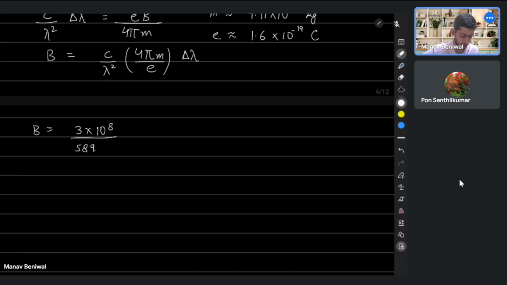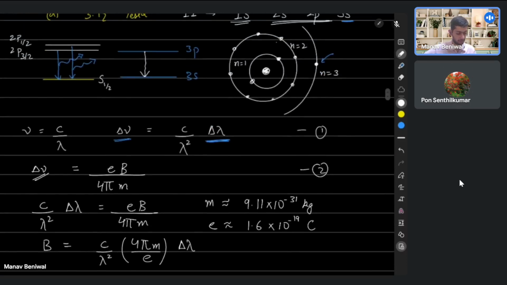So let's take that value, 5893 squared. And then this is simply 4 pi. m we have already defined as 9.11, e we have also defined as 1.6 times 10 to the minus 19. And now what will be this delta lambda?